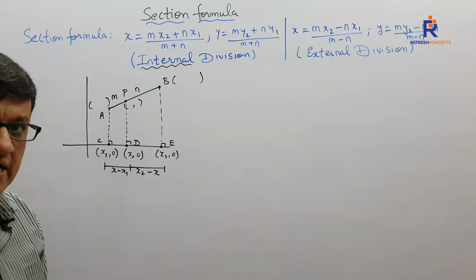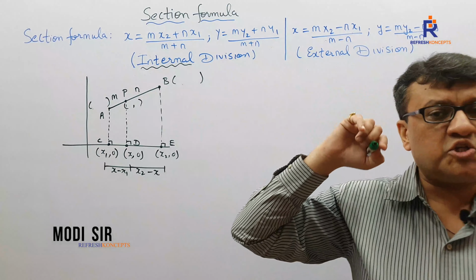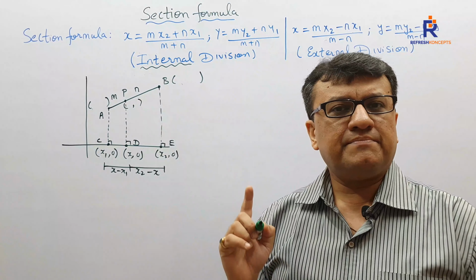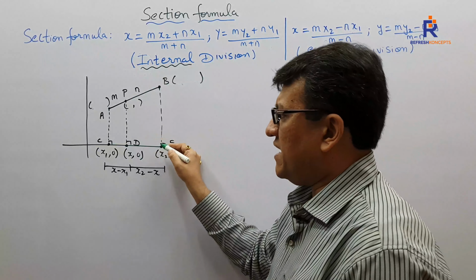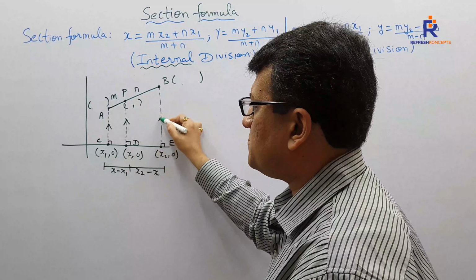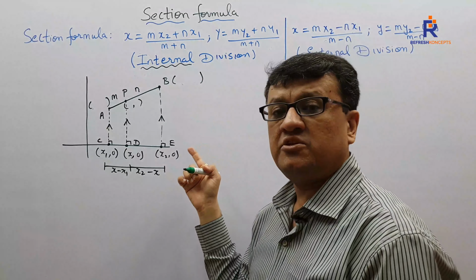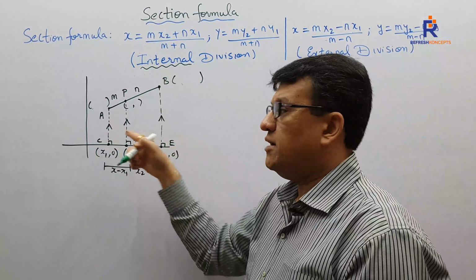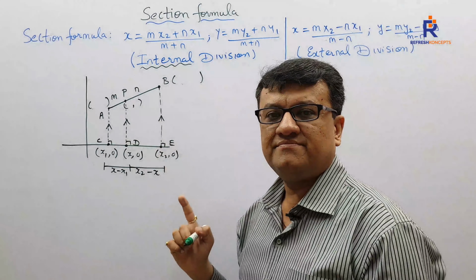Right, children? Now I want you people to refresh your concepts. Do we have something called the property of intercept made by 3 parallel lines? If there are 3 parallel lines, this is parallel to this, parallel to this. In what manner can you say they are parallel? These are the perpendiculars drawn onto the same line, and perpendiculars drawn onto the same line are parallel to each other.